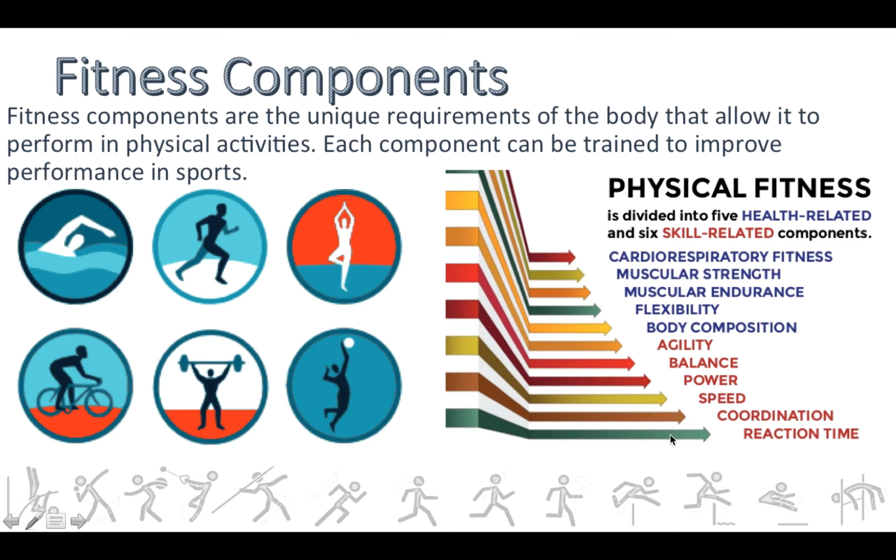These second 6, now these are skill-related fitness components, and that's because they are purely surrounding needing to improve skill or things that we need for skill-based activities. You don't need agility in your day-to-day life to survive, whereas you need some sort of muscular strength for daily exercises or just routine things like lifting shopping bags, lifting heavy boxes, etc.